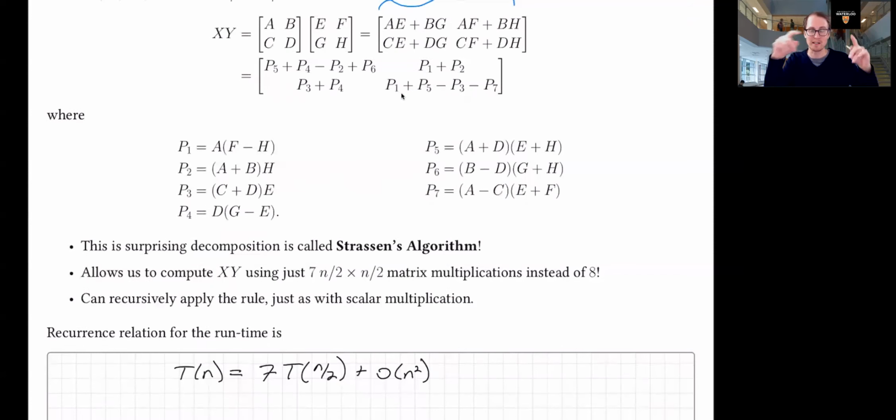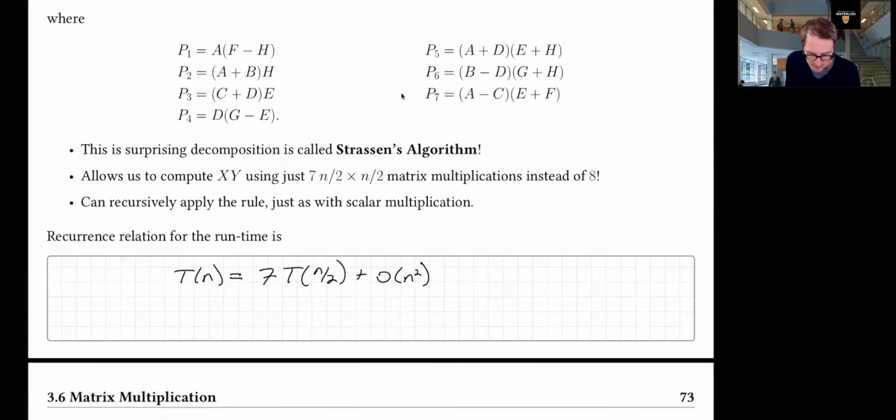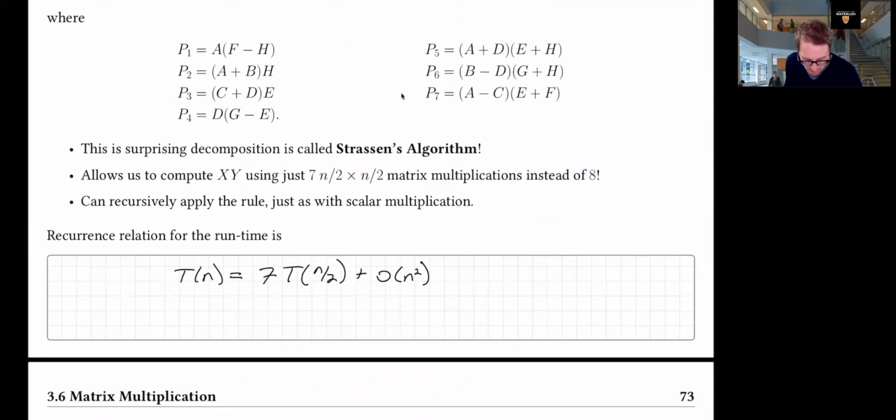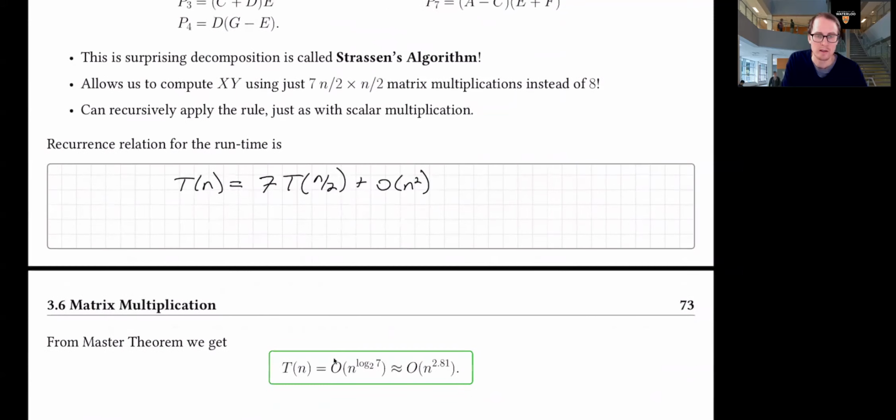And each of these matrices has order n squared entries in it. And so if I look up in the master theorem, so a equals 7, b equals 2, d equals 2. Look it up. You get big O of n to the power of log base 2 of 7, which is big O n to the power of 2.81.